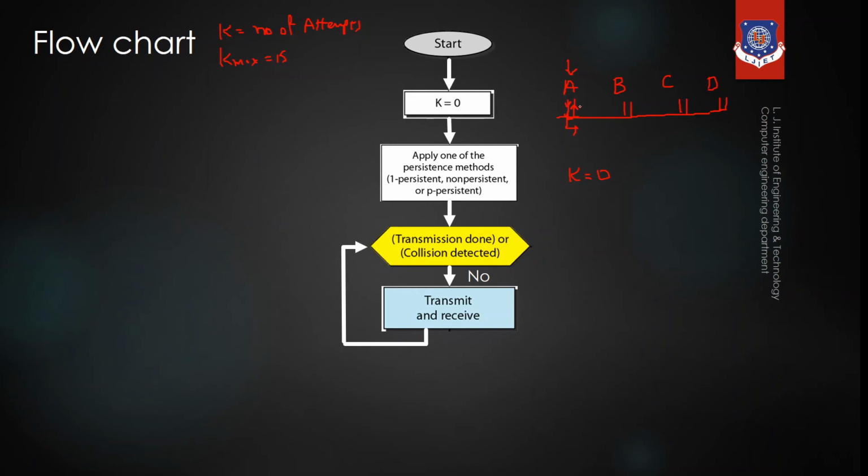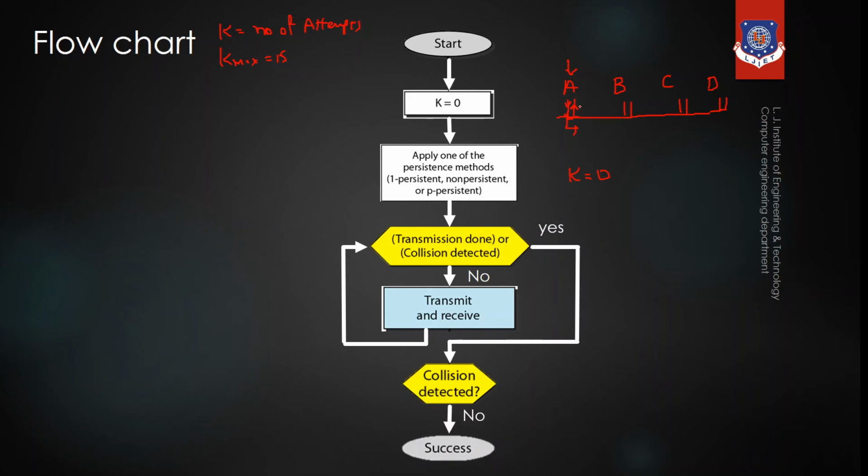So device A will keep sending its data, and while sending the data, device A will keep checking whether there is a collision or not. Now suppose there is no collision, it means that the transmission is successful.